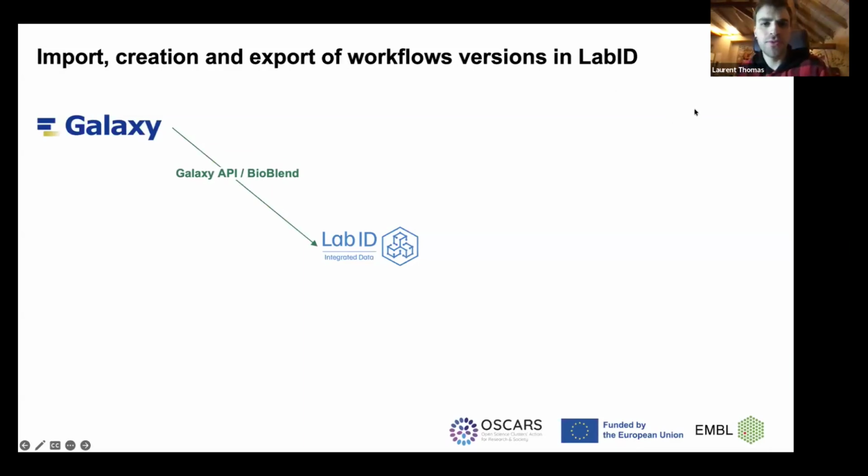Now coming to the workflow versions. How can we create or import workflows in LabID? We implemented different modalities to do that. The first one, for Galaxy, we used the Galaxy API, the so-called BioBlend API, to directly be able to import workflows. So it's quite straightforward.